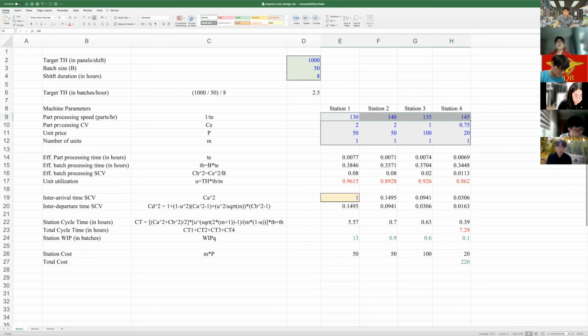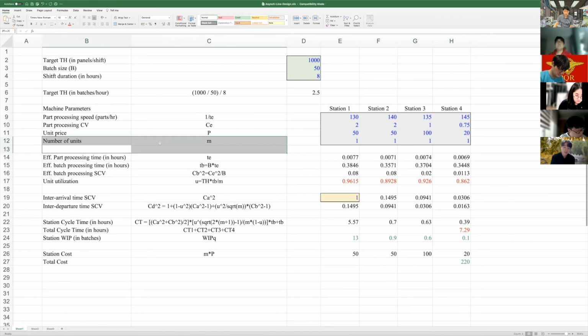So I just input these numbers. Also, we can apply the CV of this effective process time. So certain variable numbers were inserted. And also one assumption about the batch is used here, so you can ignore these values.